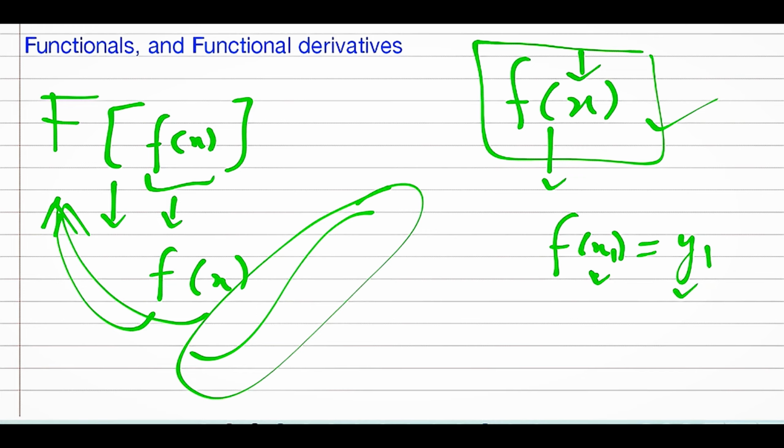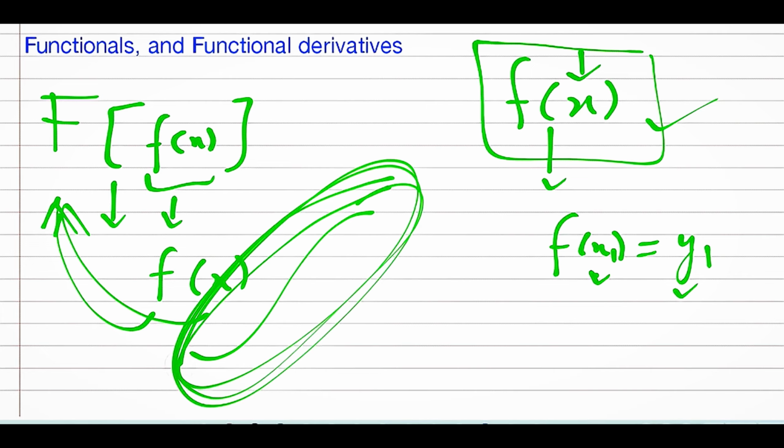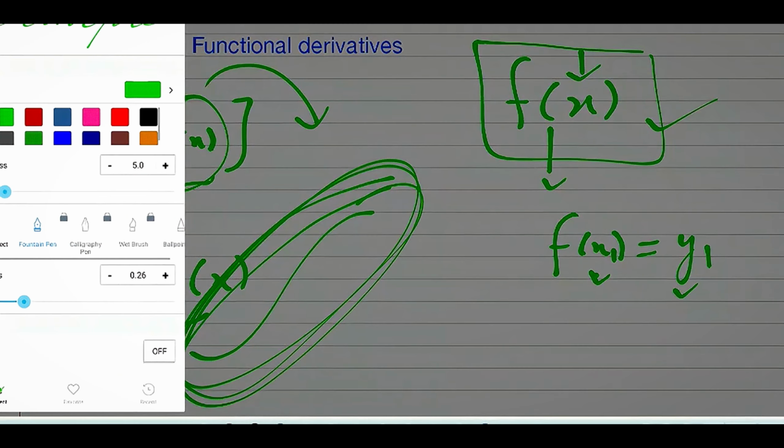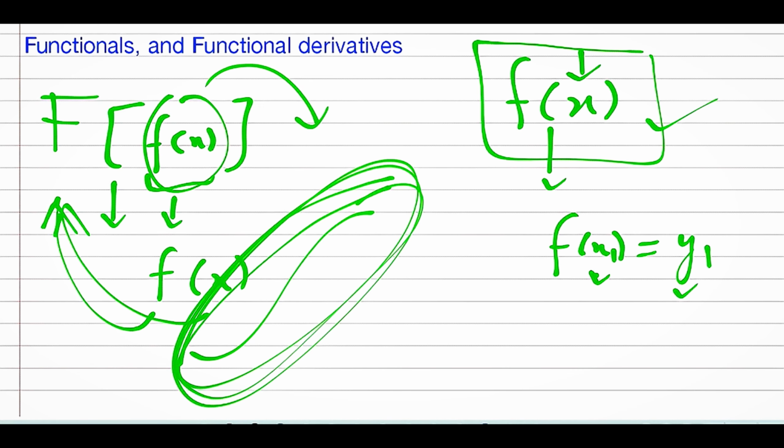Here we put in all possible values of this function as input to get a single value for that functional. So this functional takes a function as input and gives a single number as output. That is the major difference.